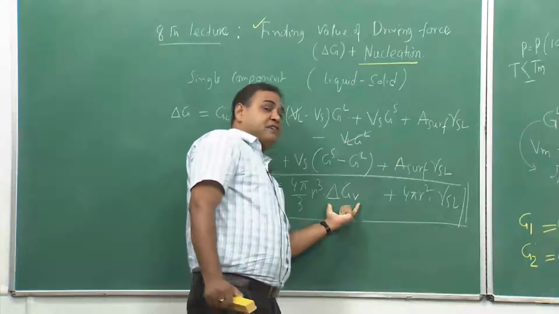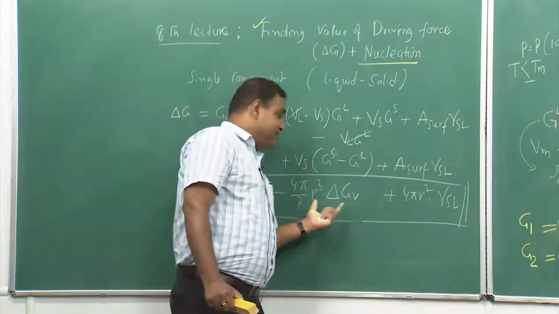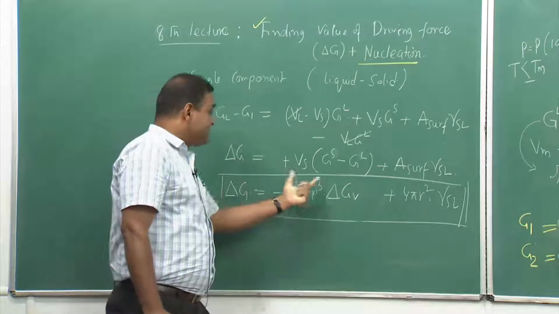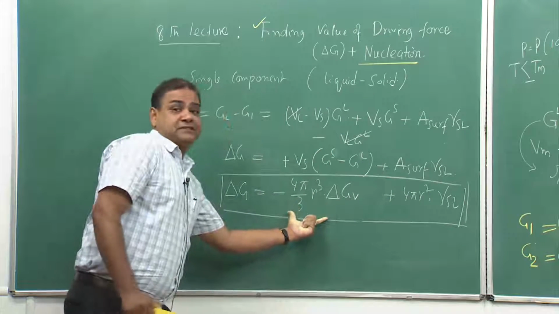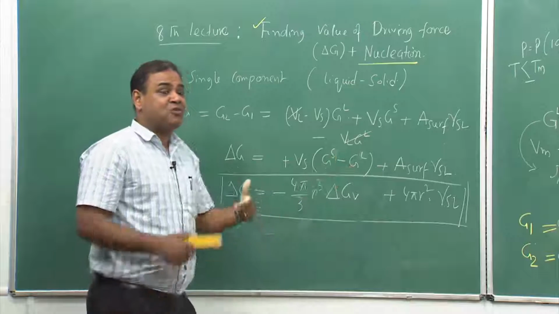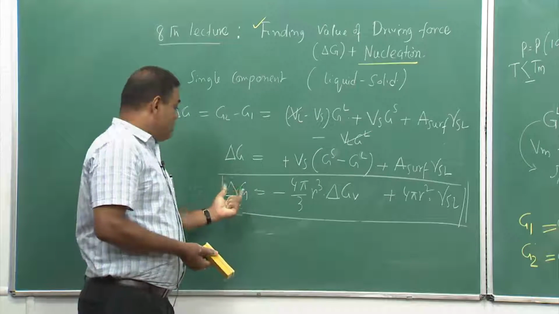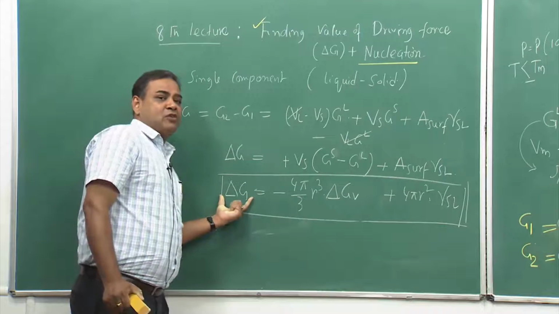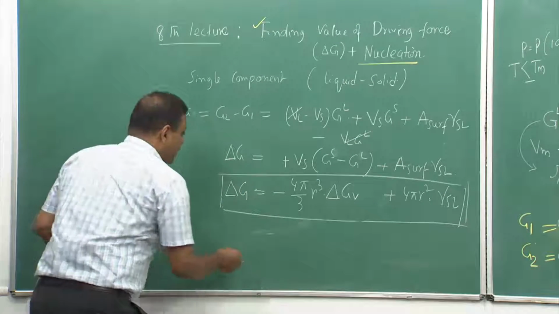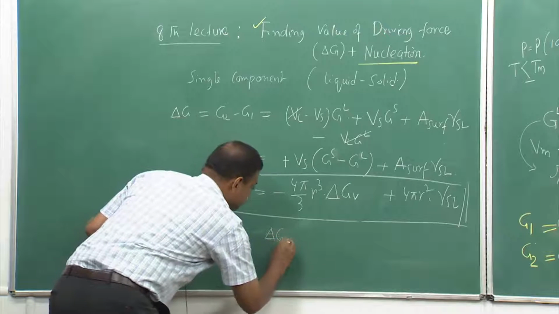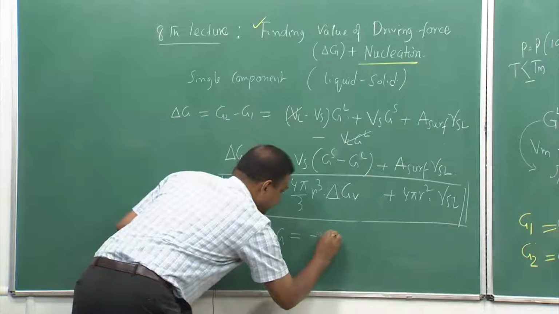So, that means this is my driving force, and this decides whether that solid would form or not, because this is the positive energy, this is the negative energy, and finally whether the system would go for this transformation would be decided by the negative value of this. So, finally we have to see whether del G is going to negative values.